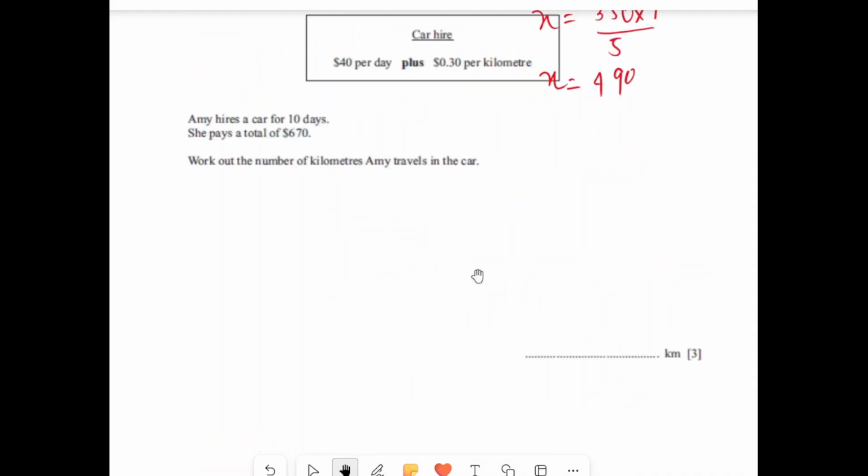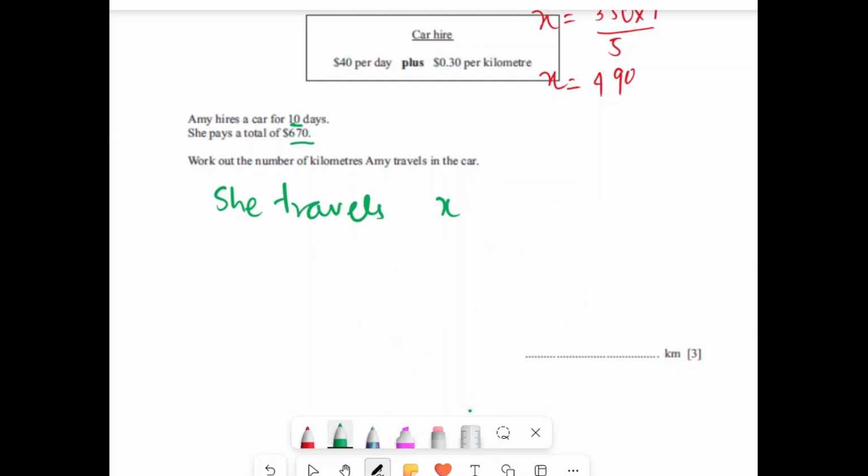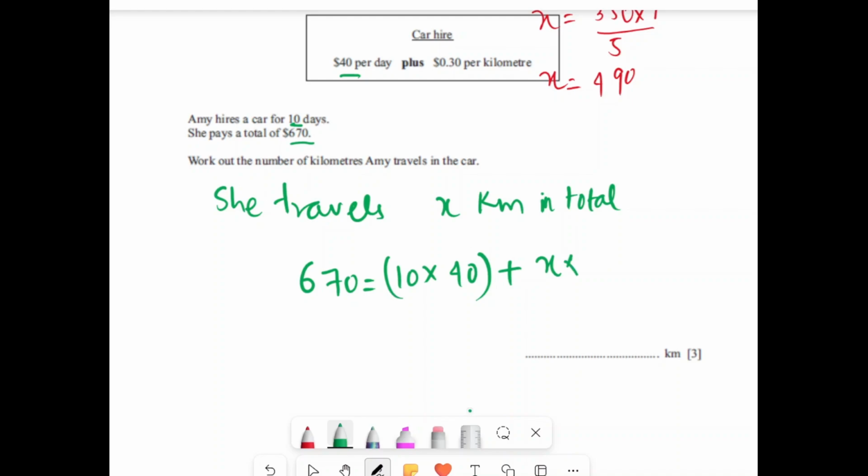Car hire. $40 per day plus $0.30 per kilometer. So this is the hiring plan. Emmy hires a car for 10 days. For 10 days, she travels X kilometers in total. So for the 10 day plan, 670 will be equal to 10 times 40 per day, plus X kilometers times 0.30.